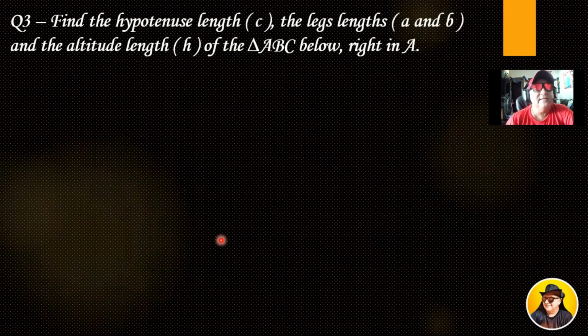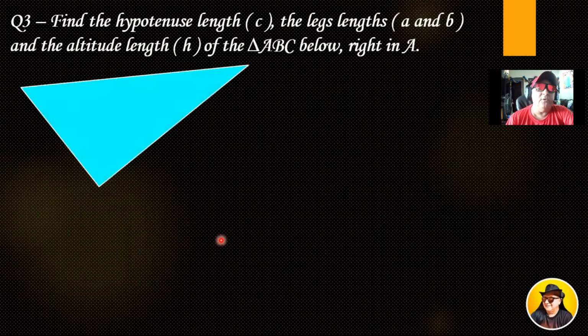All right, let's see. Find the hypotenuse length C, the legs lengths A and B, and the altitude length H of the triangle ABC below. Right in A. So now we have, as I told you, corner A is right. Then we have corners B and C. Okay, this is the altitude.